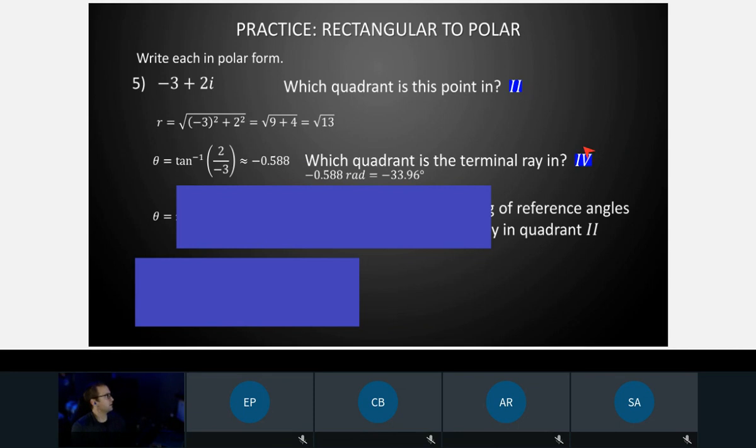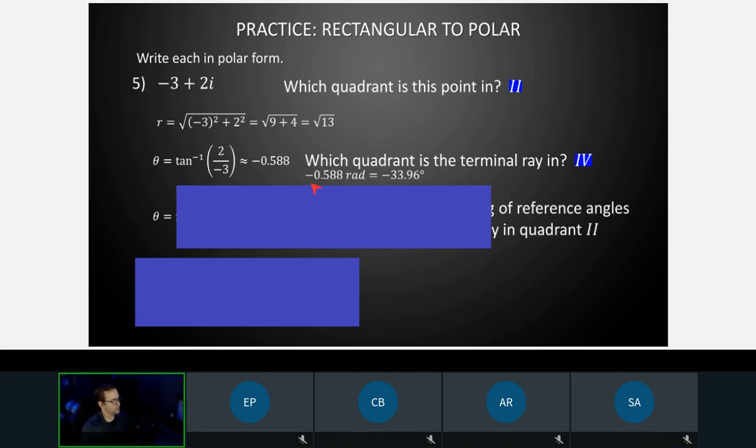All right. Because we are in quadrant 4 and we want to be in quadrant 2, what should I do to this angle? You could add 180 to the degree part of it, but we want to keep our answer in radians.